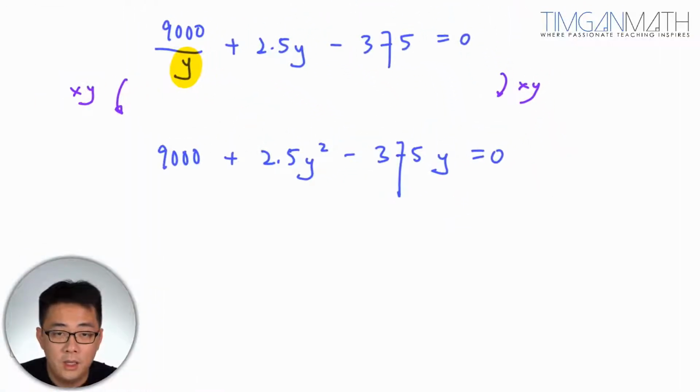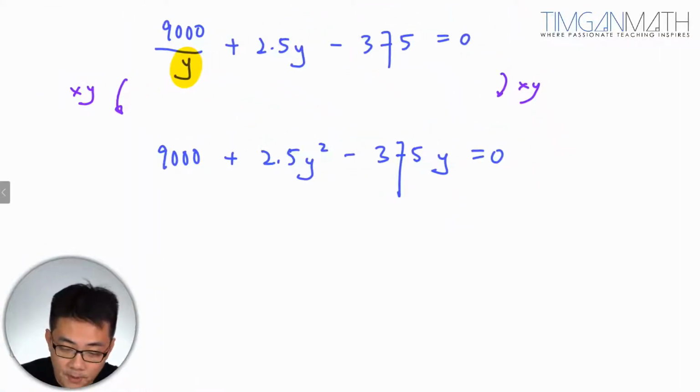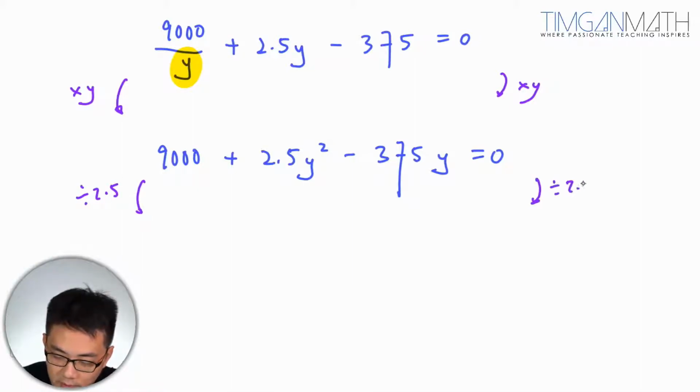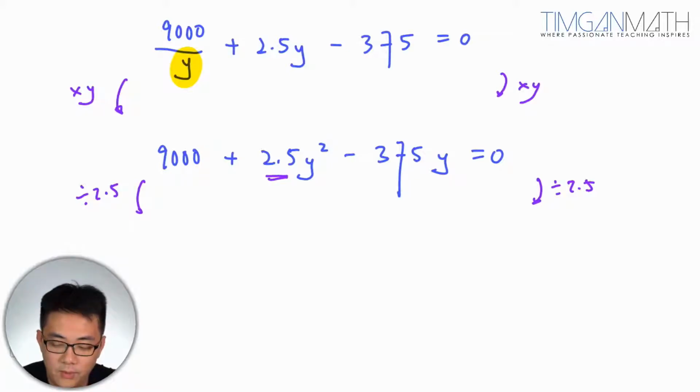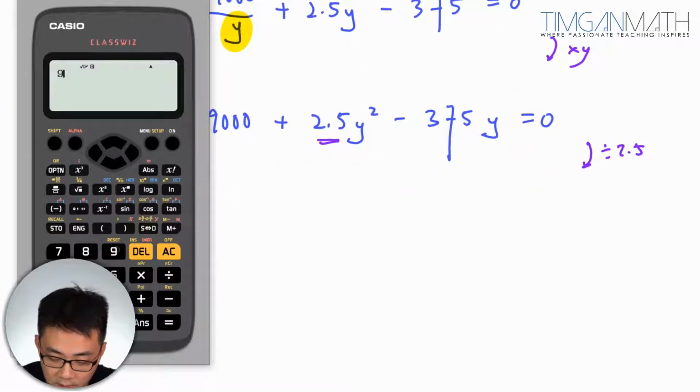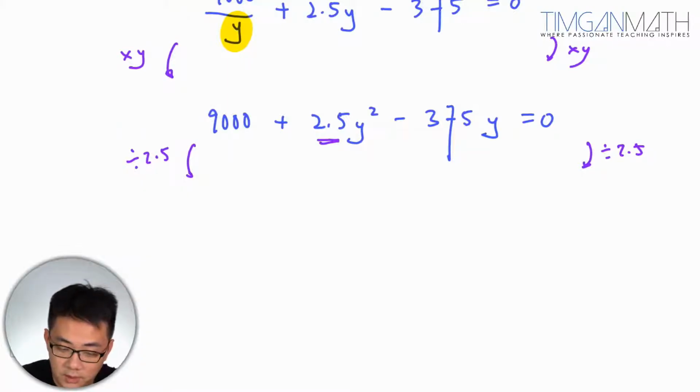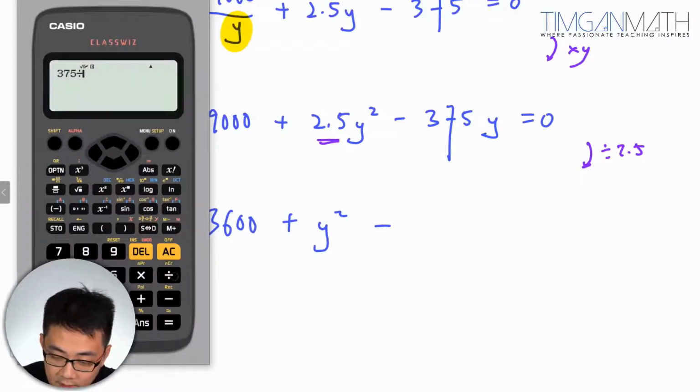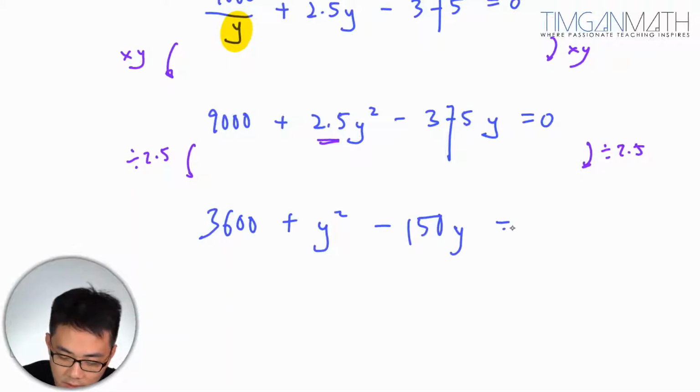Then, to get this coefficient to 1, I'm going to divide both sides by 2.5. Very simply, 9,000 divided by 2.5 is 3,600, so this is 3,600 plus y squared, and 375 divided by 2.5 is 150y, equals 0.